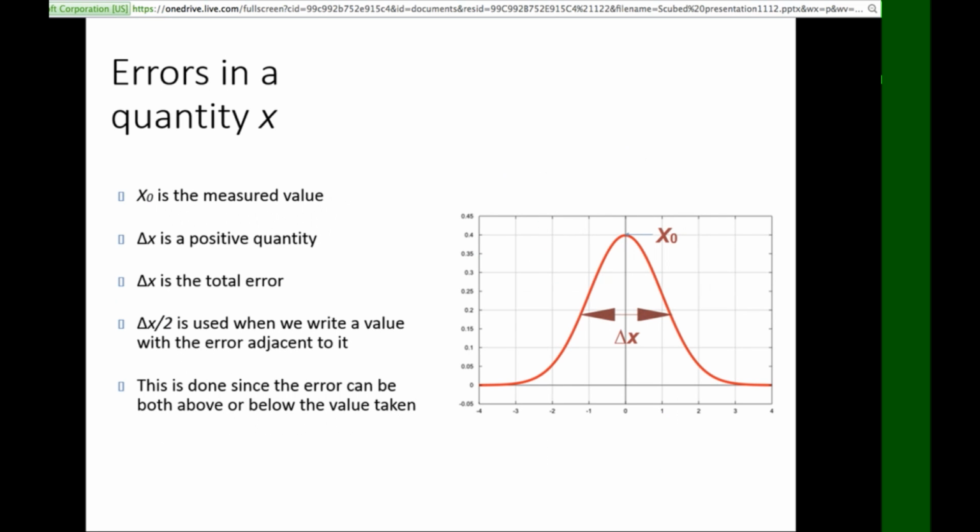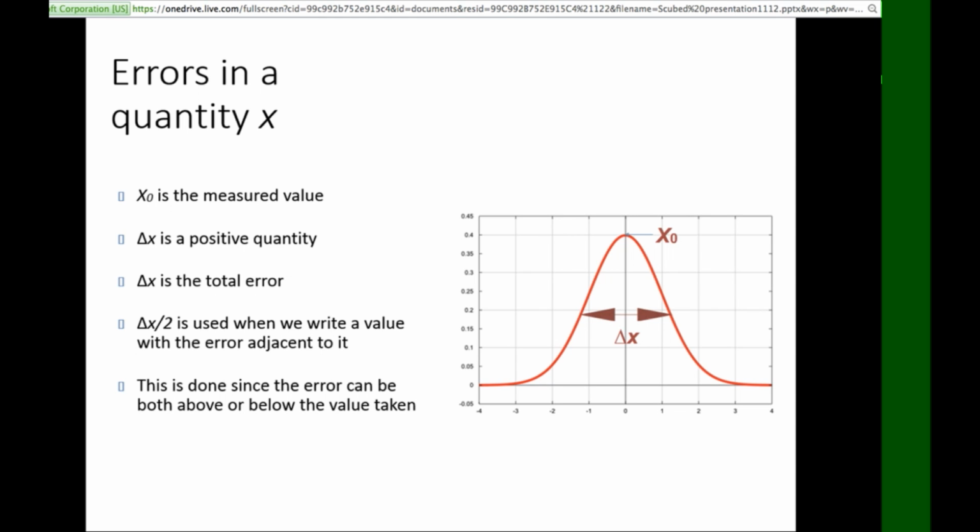Let's now turn to the actual mathematical analysis of an error. We'll be dealing with random errors because, as we said, systematic error cannot be analyzed statistically. For instance, if x naught is the measured value, then we shall call the error delta x. It is very, very important to bear in mind that delta x is always a positive quantity. We use plus or minus only when we're writing x naught in front, that is, we would write x naught plus or minus delta x on 2.